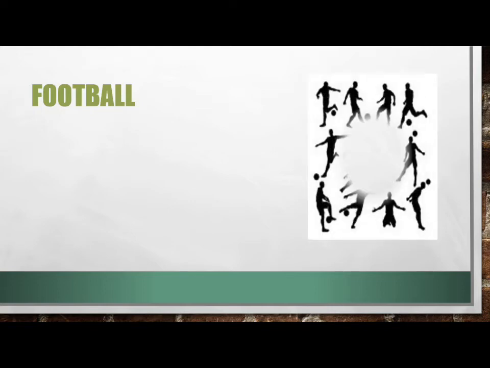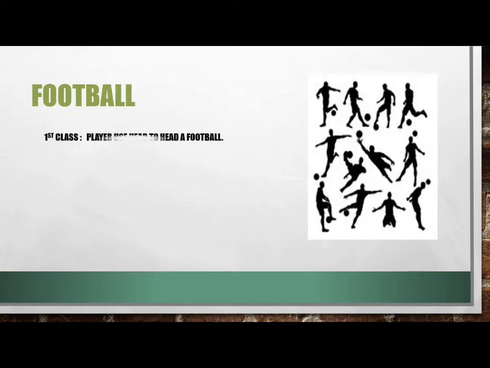Now first, football. In football there is use of levers to get a wide range of motion, speed and quickness, better swing and to kick the ball into the net. First class lever is used when a footballer has to head a football. Second class lever is used when a player jumps to kick the ball, at which time plantar flexion of the ankle occurs.